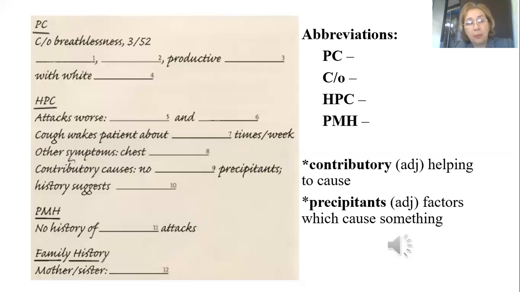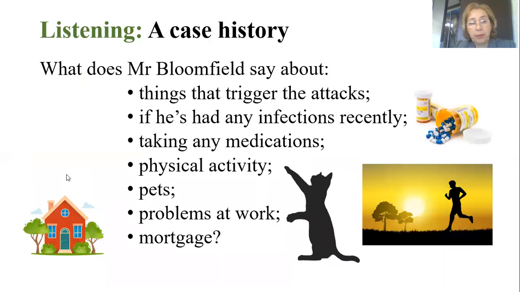So I would also like you to pay attention to the following information. I mean that on the second slide, there are some facts that are also given in the conversation.